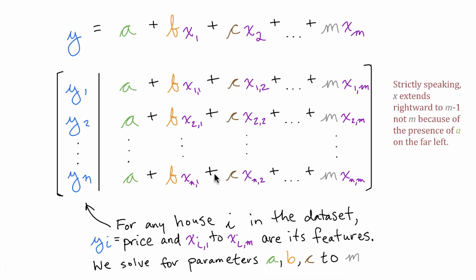Also, I want to quickly note that I did something here to make this a bit more visually appealing and easy to understand, but strictly speaking, x actually extends rightward to m-1, not to m, because of the presence of a all the way on the far left here, the y-intercept, or the average house price. But you don't need to worry too much about that detail to understand what I'm trying to get to here at a high level.